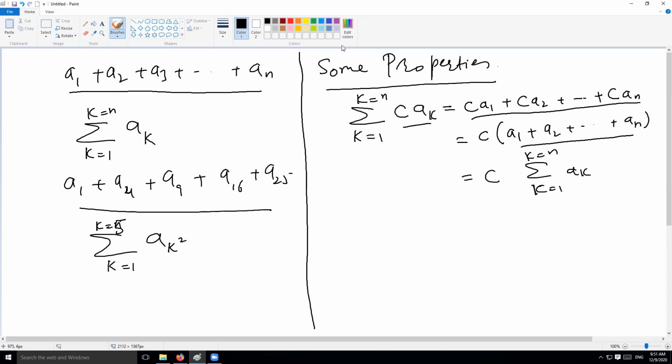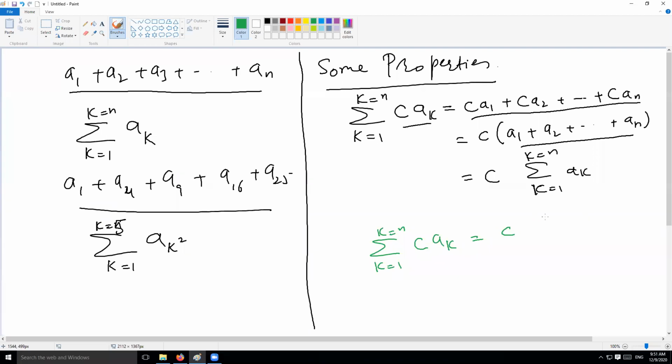So the summary is this: if you have a sum from K equal to 1 to K equal to n, and some constant is multiplied with the term that is changing, then by the distributive law, you can pull this C outside of the sum.